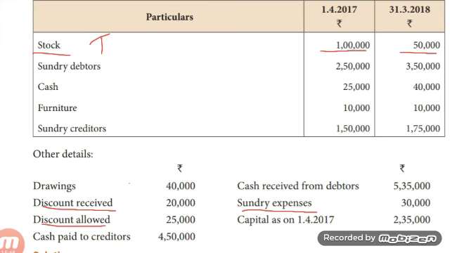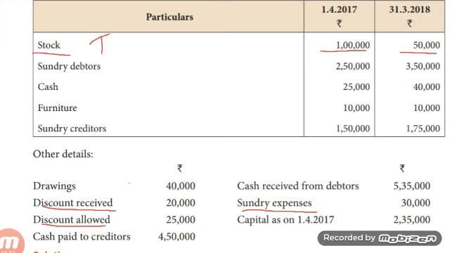The next item is to purchases. Here in the question, no cash purchase is given. Credit purchase, you will get from the creditors account. Children, here one cash is given. That cash is not cash purchase. That is the balance of cash in hand.